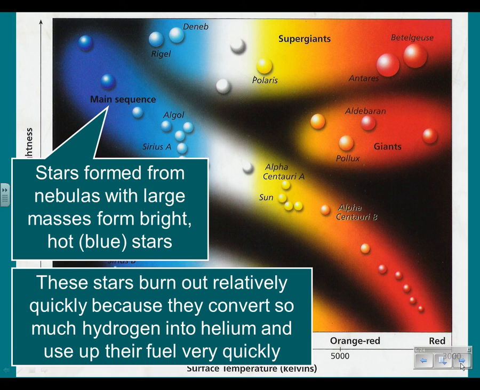Because they do a lot of fusion, they're bright and they're big and they're hot, but in the grand scheme of things, they do not last very long. Now, we're still talking millions and millions of years, but for stars, that's not very big.